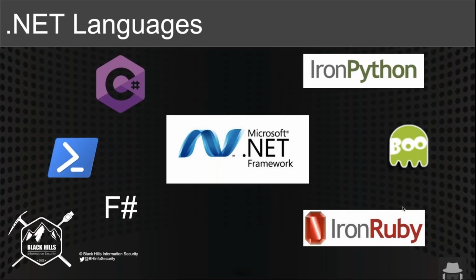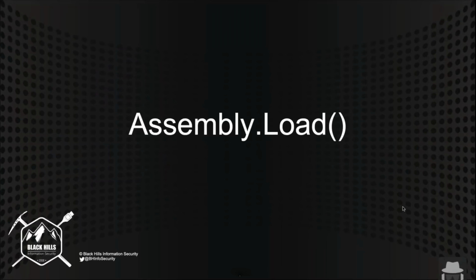So now that we understand that, let's talk about the reason why C# tradecraft has been all the rage recently. I think this is another core concept to understand, because the root of why it's so appealing for red teamers and pen testers is this single function called Assembly.Load.